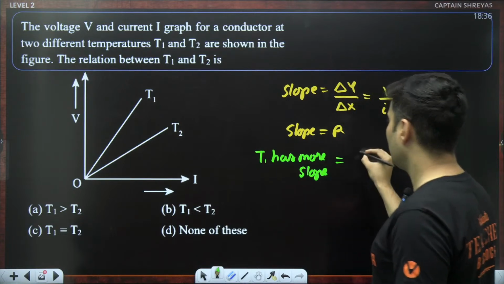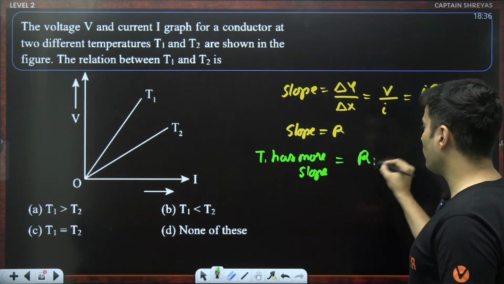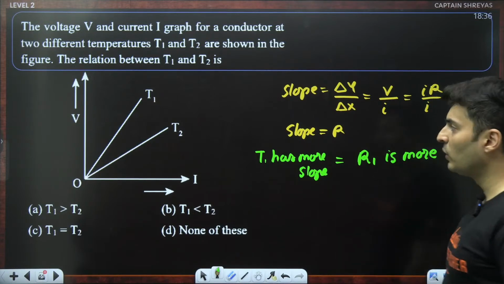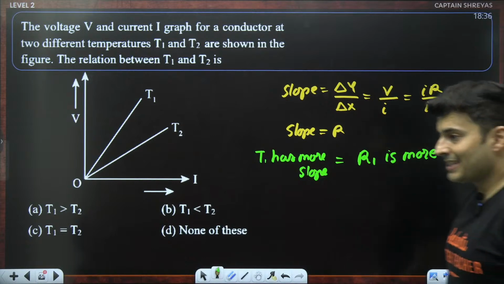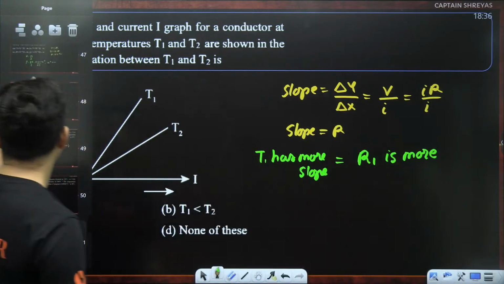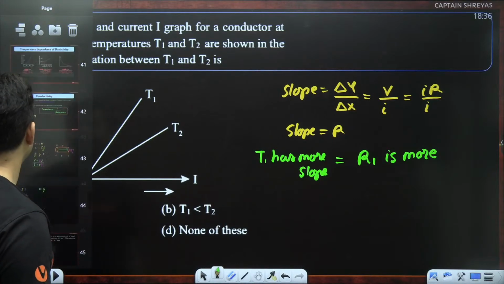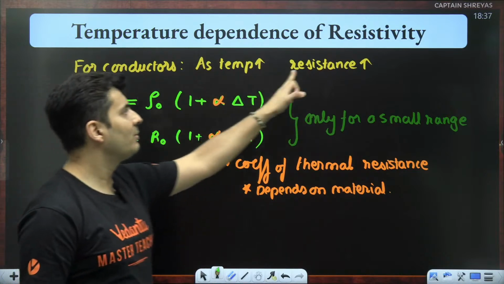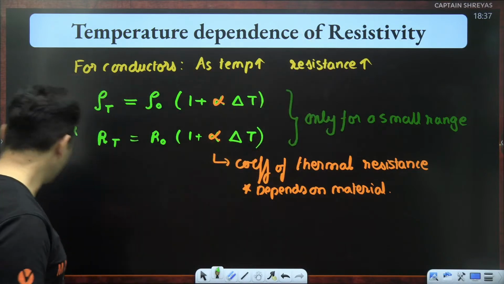That means resistance 1 is going to be more. And resistance, we know, increases with temperature. I had told you this right over here, I don't know if you forgot. For conductors, as temperature increases, resistance increases.